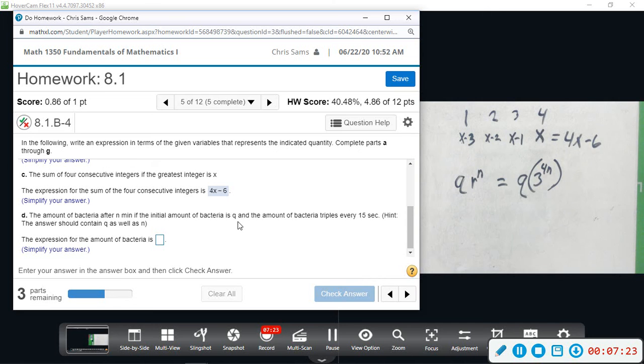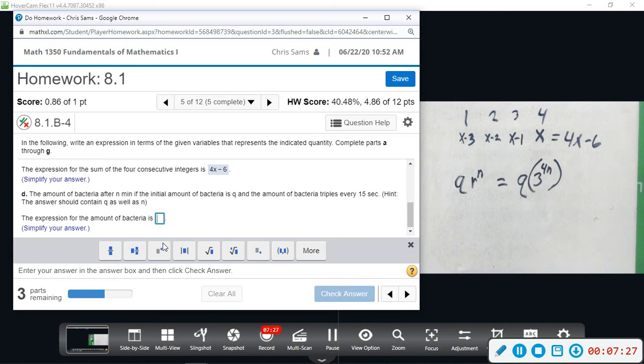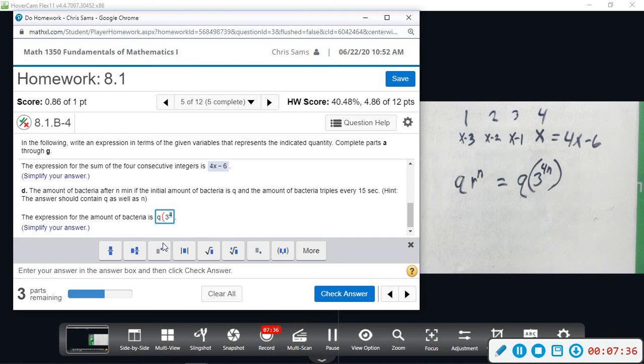This will give us our formula for the amount of bacteria in n minutes. So we have Q, and then parentheses 3 raised to the 4n power.